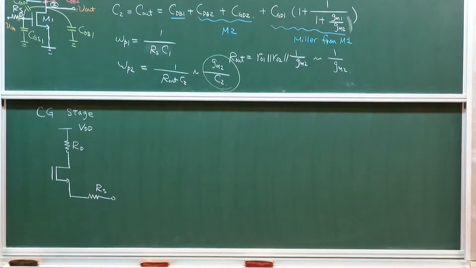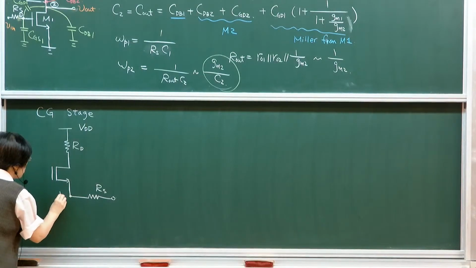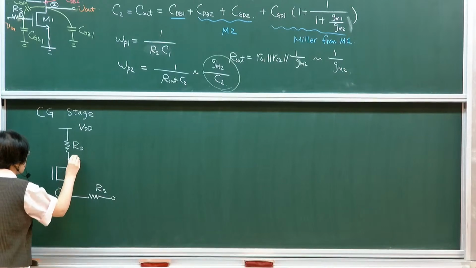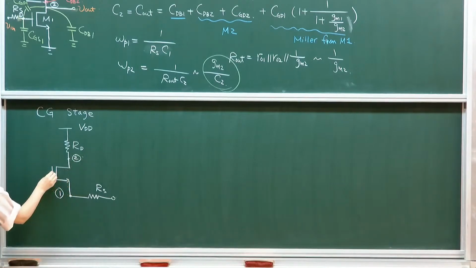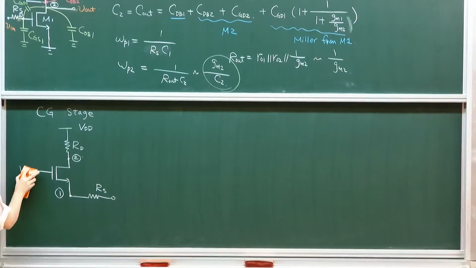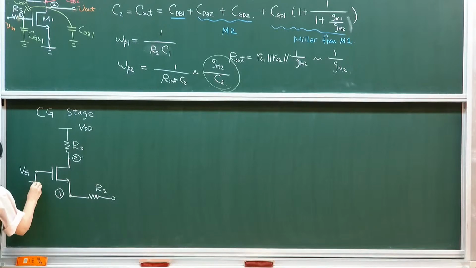So you're always looking at node 1 and 2, input and output. For a single stage, there's only 2 nodes, so it's fairly straightforward. This is VB. There's a fixed, let me use V gate, so that's a fixed DC bias. It's an AC ground node.